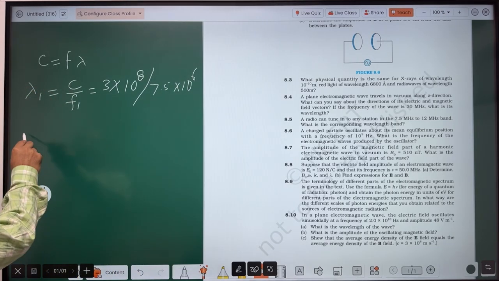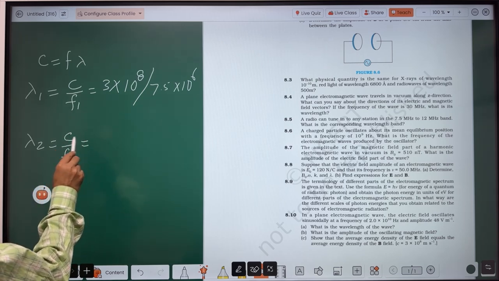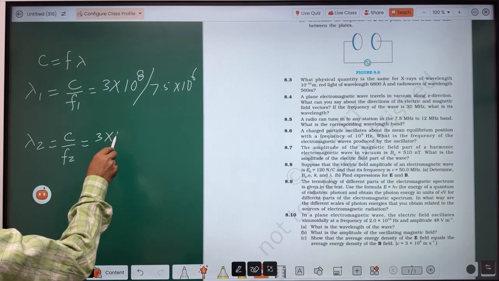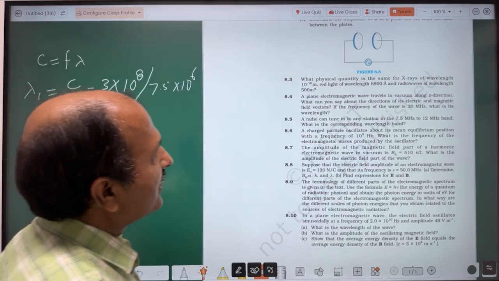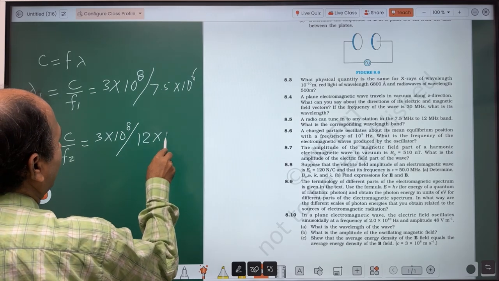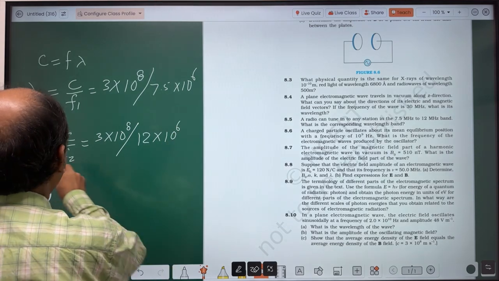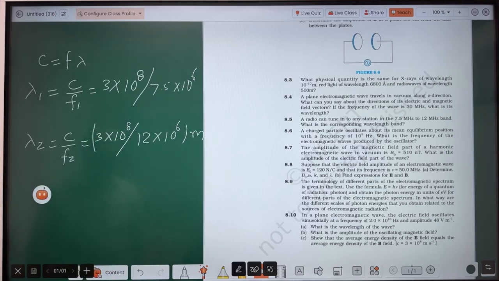You can evaluate it. And then comes lambda 2. Lambda 2 will be C upon F2. C is the same, 3 into 10 to the power 8, divided by the frequency given, 12 into 10 to the power 6, and this will be in meter, correct? So you can easily evaluate.